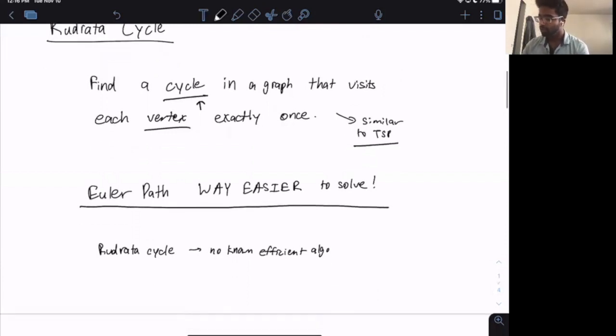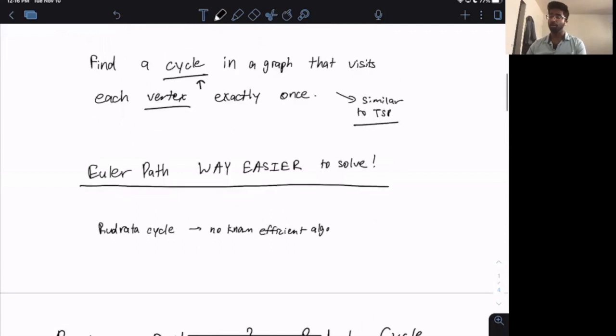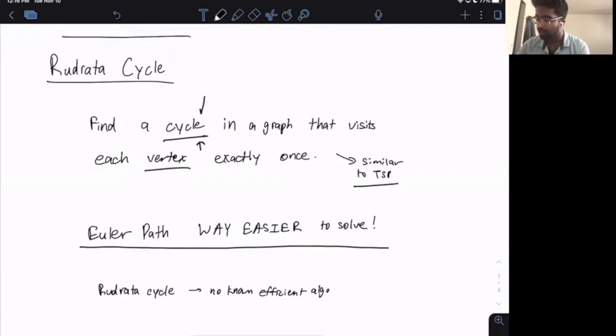So in the Hamiltonian path problem, we're trying to find a path from, let's say, start to end, S to T, in a graph that visits each vertex exactly once.